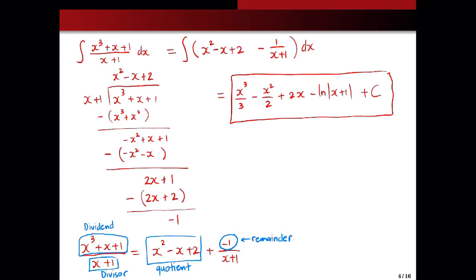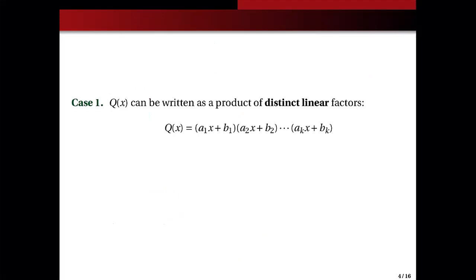So let us consider case 1. Listen very carefully. For case 1, suppose your denominator, in this case I'll write it as q of x, can be factored completely into distinct linear factors.